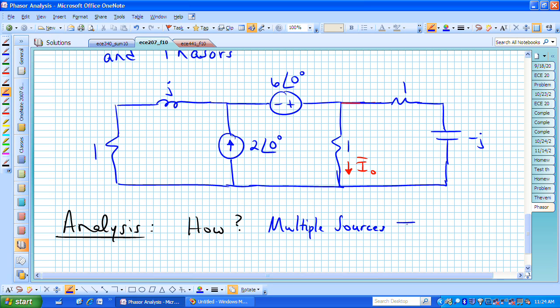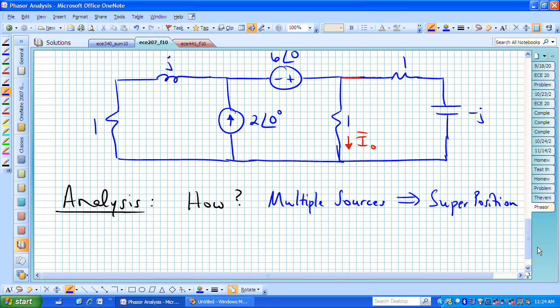Or if you wanted to, you could zero one and leave the other one in place, and vice versa, and end up with 2 circuits whose final answers would need to be added together to give you your result. And that's this concept of superposition. Let's not do that, just to make it a little more difficult or interesting to solve.